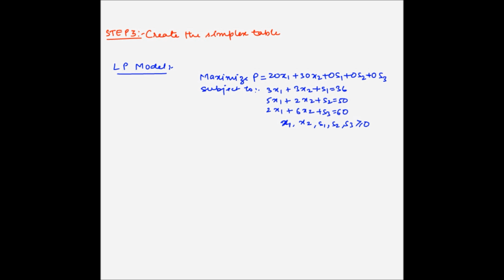For example, each unit of chair gives a profit of 20 rupees, while each unit of table gives a profit of 30 rupees. At the same time, we have assumed the cost of unused capacity represented by the slack variables as 0. Hence, we can fill these values in the first row of the simplex table.